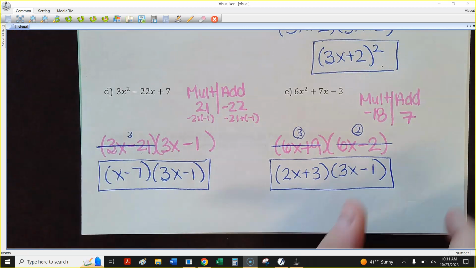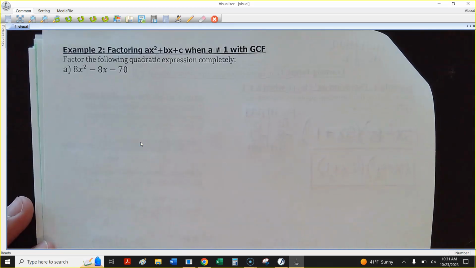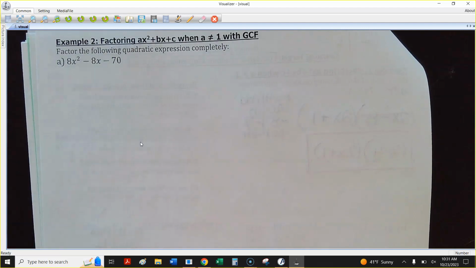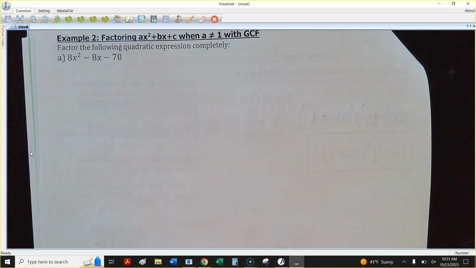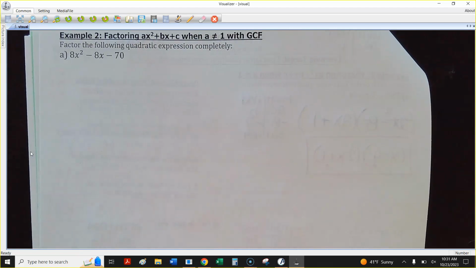Okay. Now, on the back here, none of these questions, or the factoring that I'm asking you guys to do, the little kind of trick to do it, will not work if there's a greatest common factor between all the terms. So before you factor anything, before you start trying to find factors that multiply and add to give you whatever, just try to see if all the terms are divisible by something.